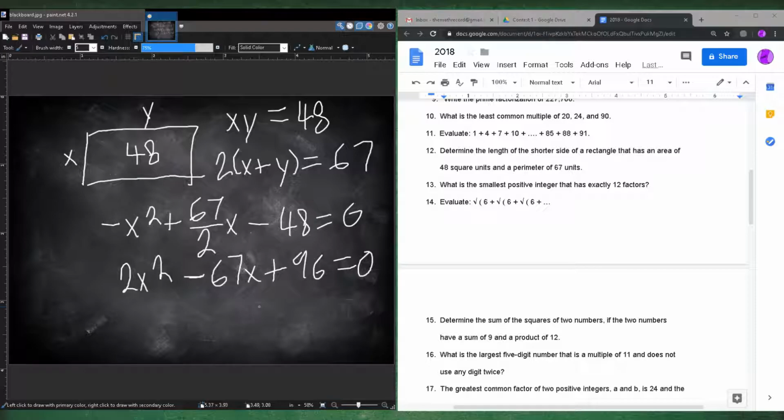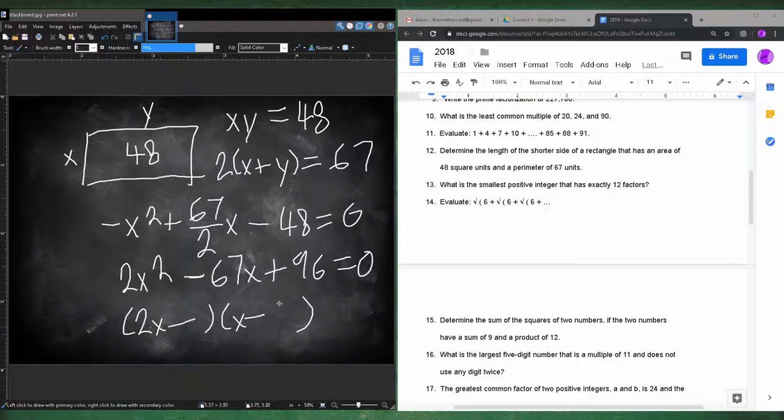So what you could do is factor this by using the quadratic formula, or using any method you want. When you factor this out, you're going to get 2x and x, I'm assuming. Since this is positive and this is negative, I know both of these have to be negative.